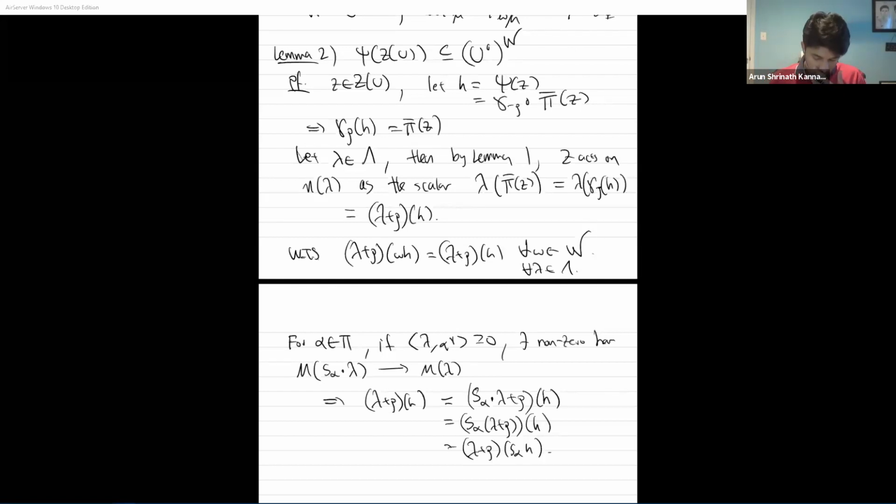Okay, and then you can show this extends in general. You don't need this condition. It holds for all lambda.